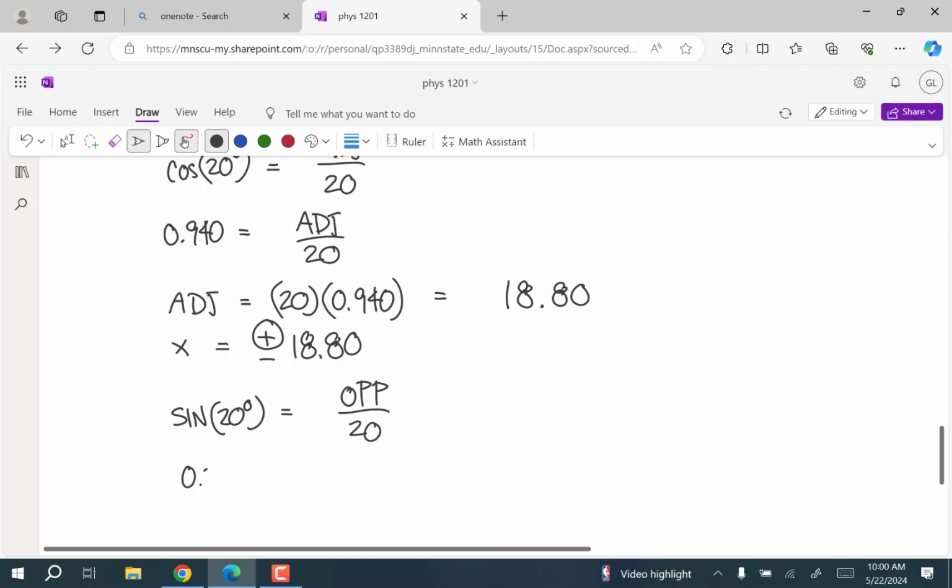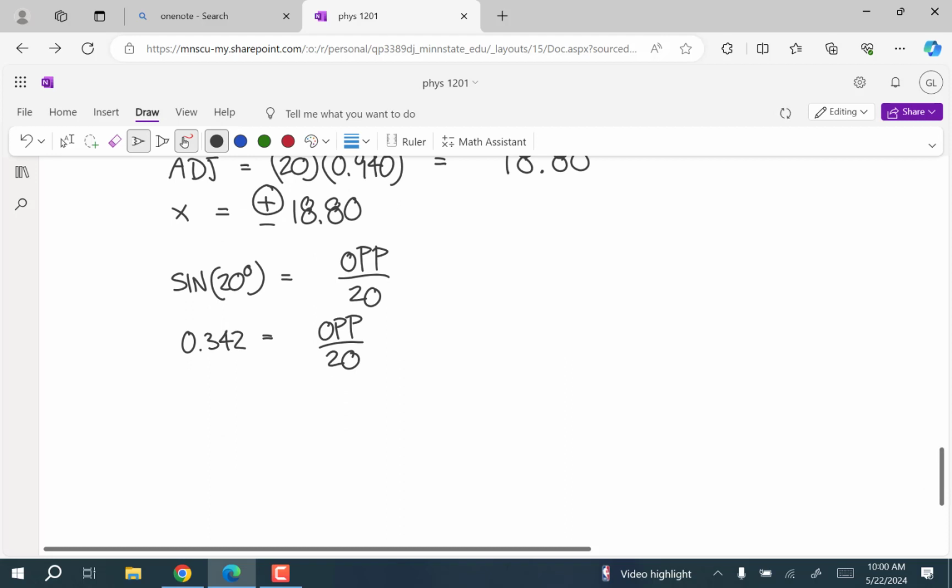And so that says 0.342 is equal to the opposite over 20. So the length of the opposite side, the red line, is equal to 20 times 0.342. And so if you multiply that out, that is 6.84.